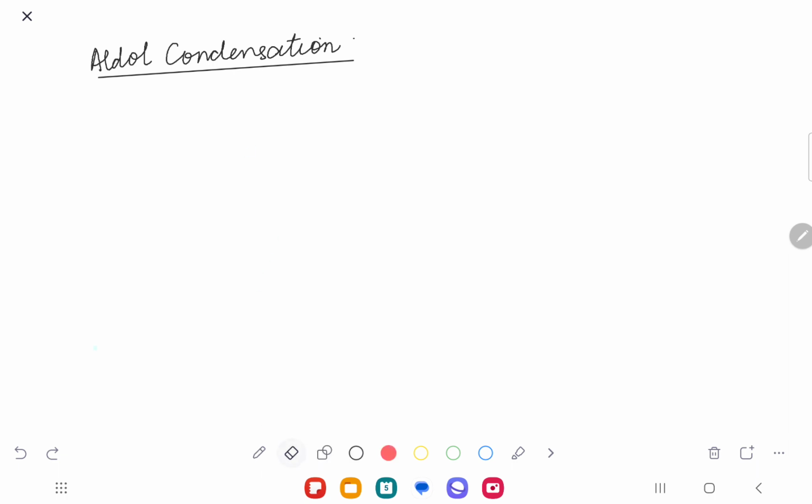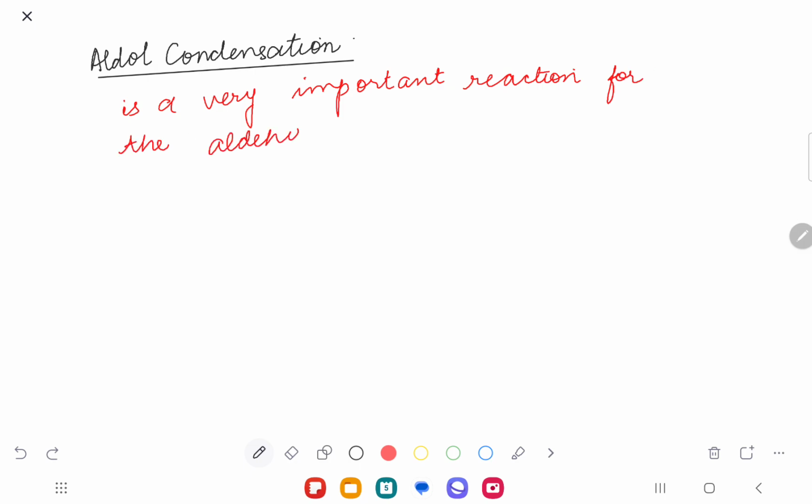It is a very important reaction for the aldehydes and ketones where there is an alpha H.